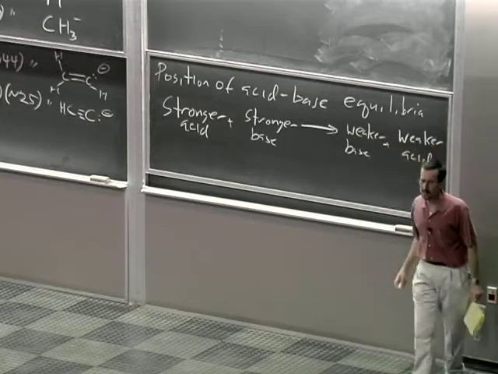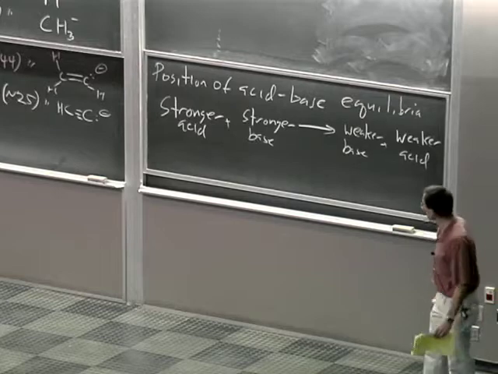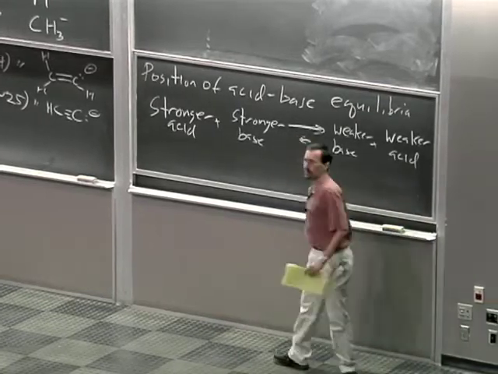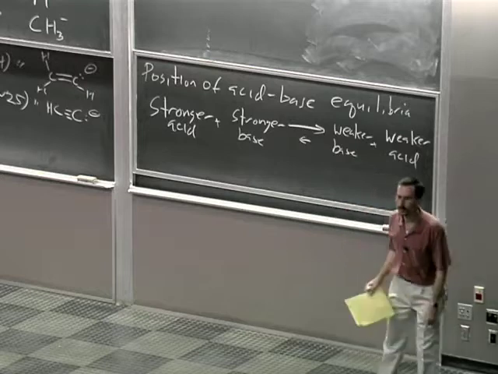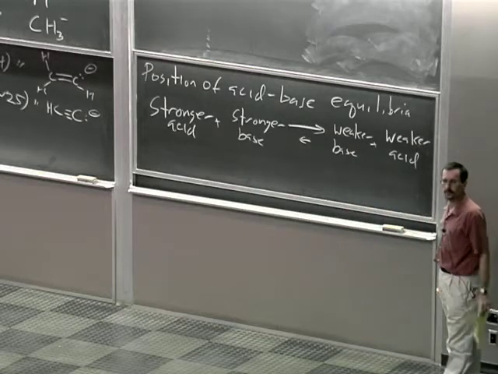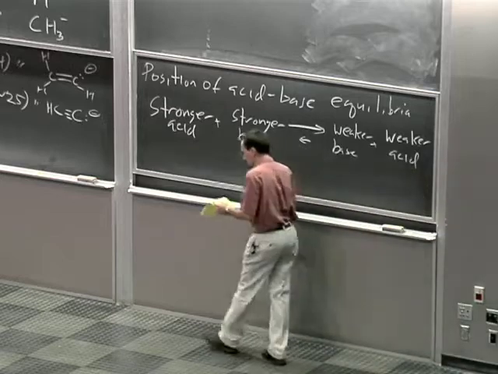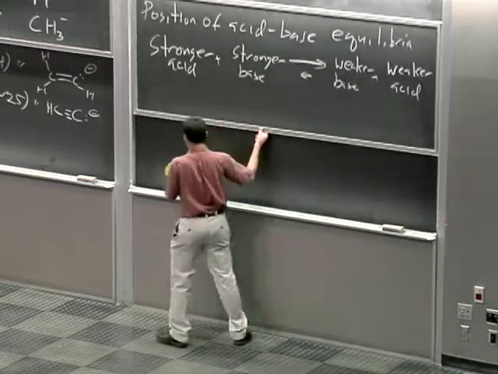So if we want to think about this reaction as an equilibrium, I would draw my back arrow smaller. What do I mean in application?